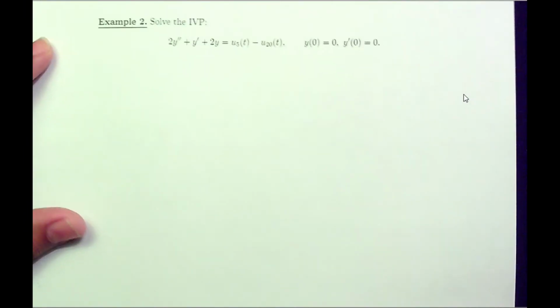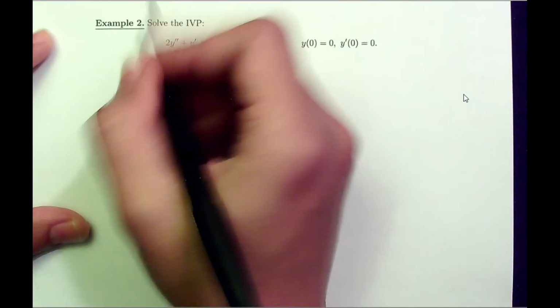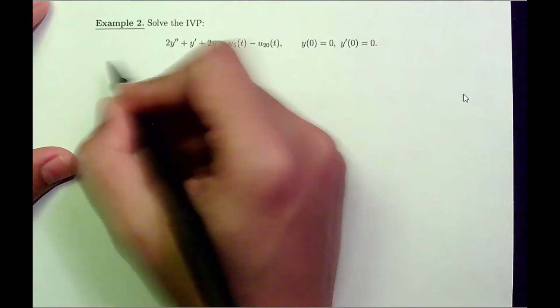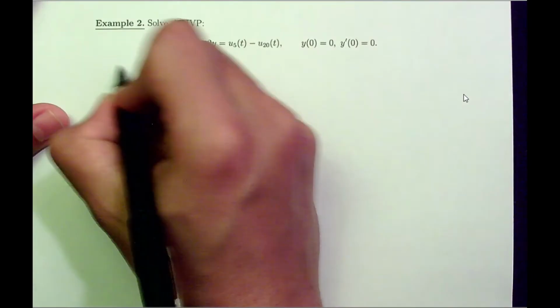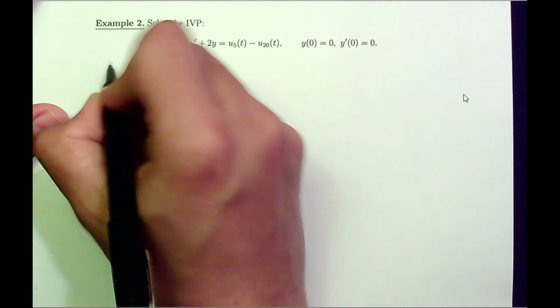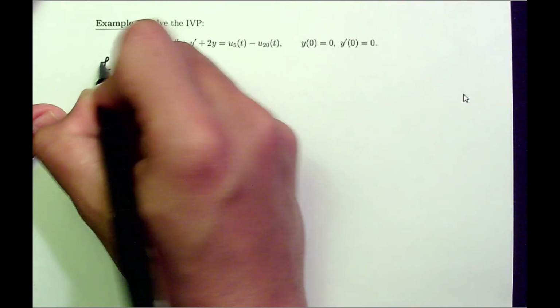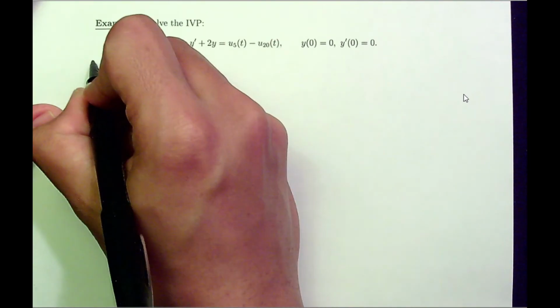Okay, start out by taking L on both sides. So that story is always the same. So take L on both sides. You're going to get, and I can pull out the 2 and break it up.